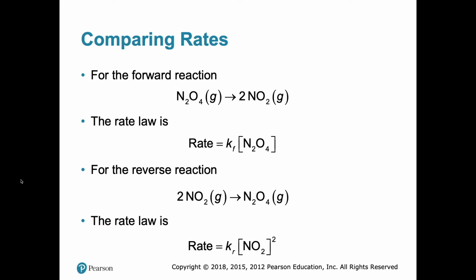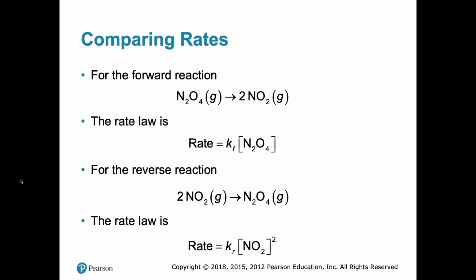And so the reverse reaction right here is going to be the NO2 gas becoming the dinitrogen tetroxide gas. You can see here the rate law is Kr instead of Kf for the reverse reaction. And just like in the chemical kinetics section, we use the coefficients to figure out what our exponents are.